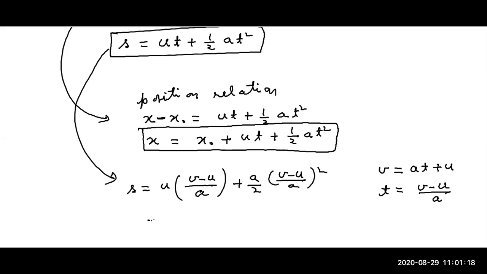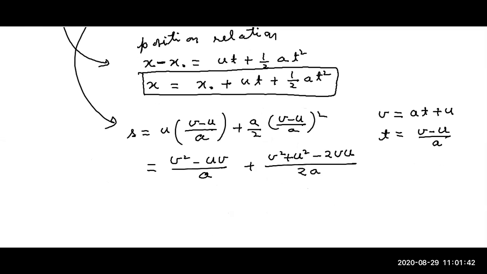square. So if you solve it, we will have v square minus uv by a plus v square plus u square, then minus 2vu, divided by 2a.